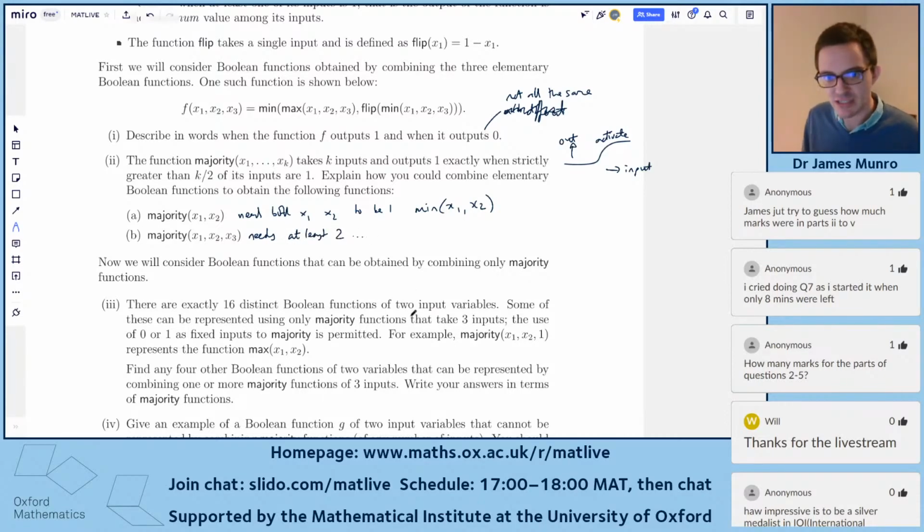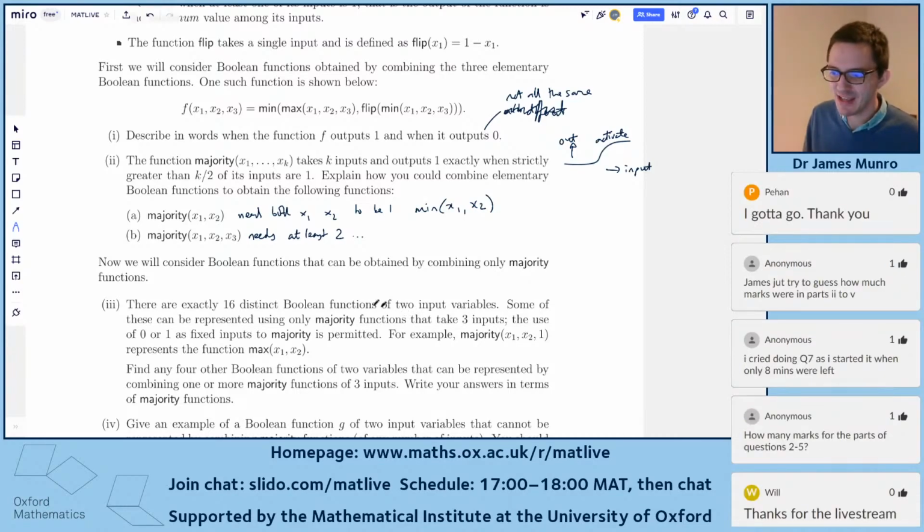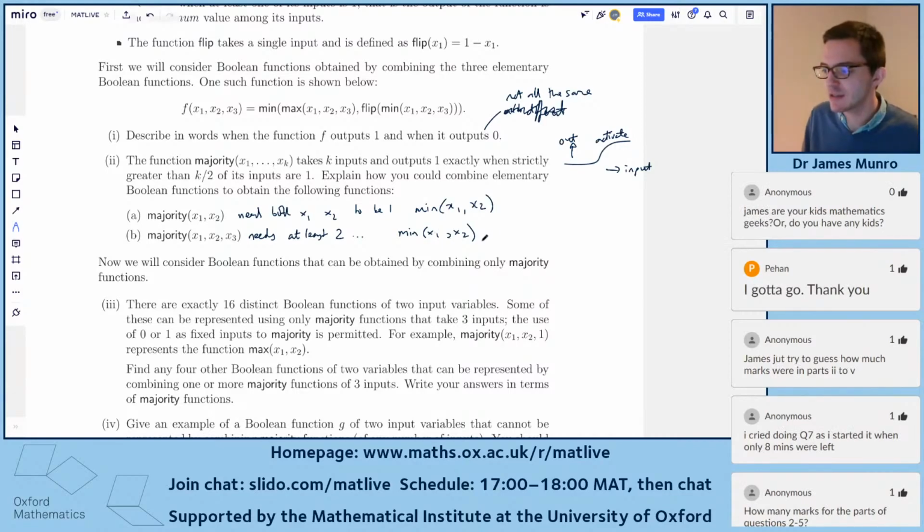Now, my way of doing this, I suppose, is to say, if at least 2 are 1, then at least one of the following things is going to fire. I'm going to look at min x1, x2. That's 1 if both of them pass. Or maybe I could look at min x2, x3. If both of those are 1, min will give me 1. That's what I'm testing for. I want 2 things to be 1. And I also look at min of x1, x3.